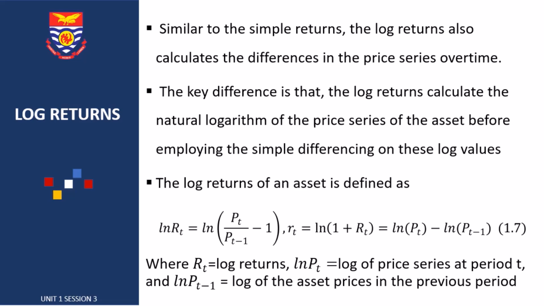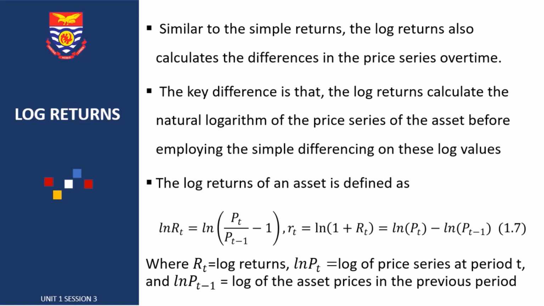Here we find the natural logs of the prices of these stocks or assets before we do the simple difference. So the log returns have in addition the log difference before we subtract the previous from the current.